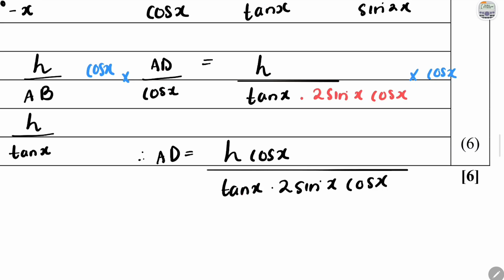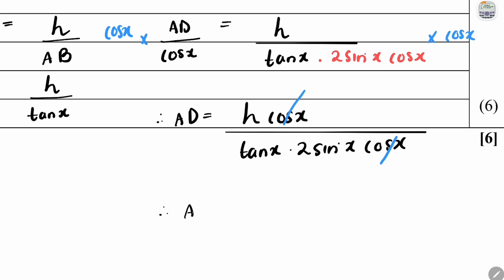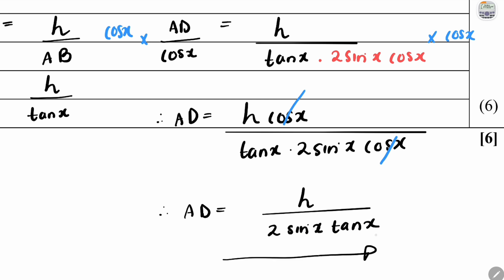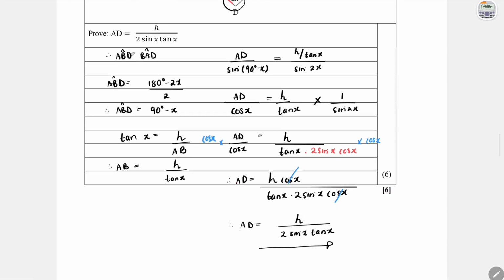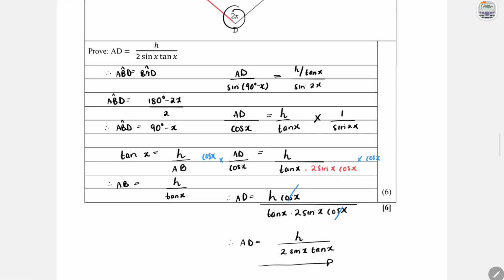And cos x cancels on the numerator and denominator. Therefore, AD is finally equal to h over 2 sine x tan x, just like they have it. Okay, so that is our answer, and that is the only question we have for question 6.